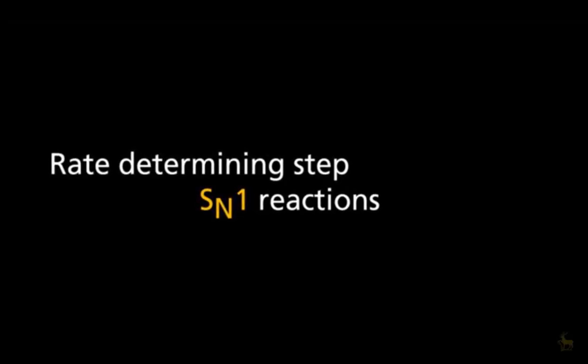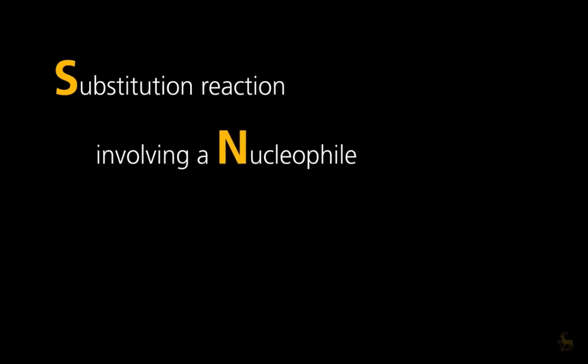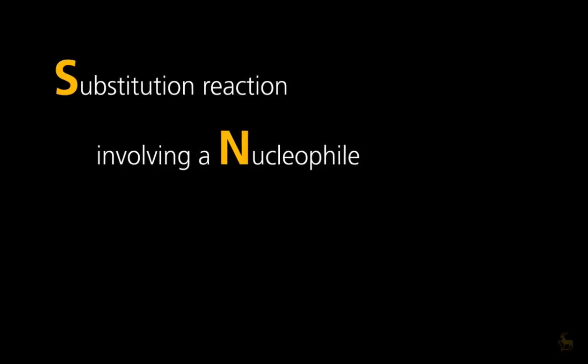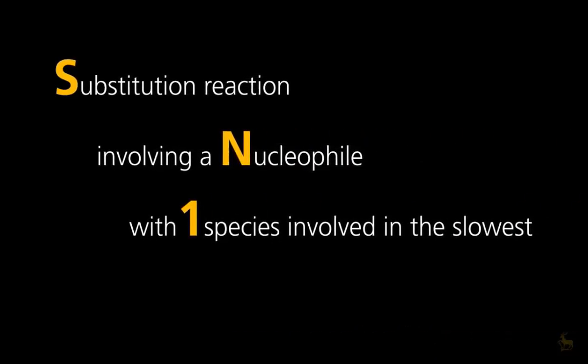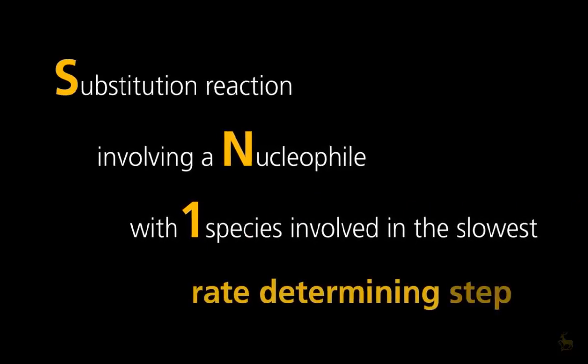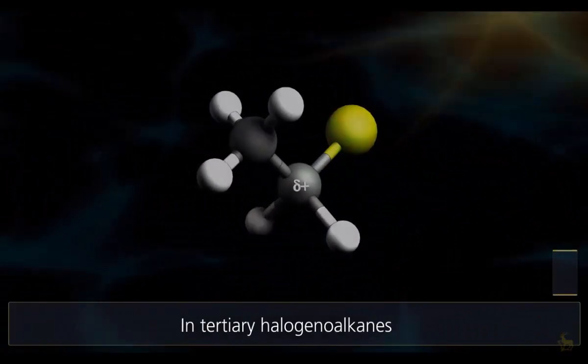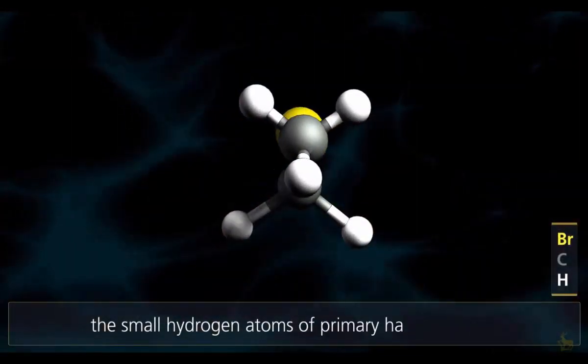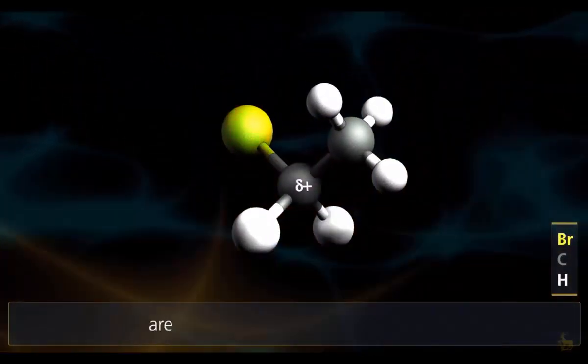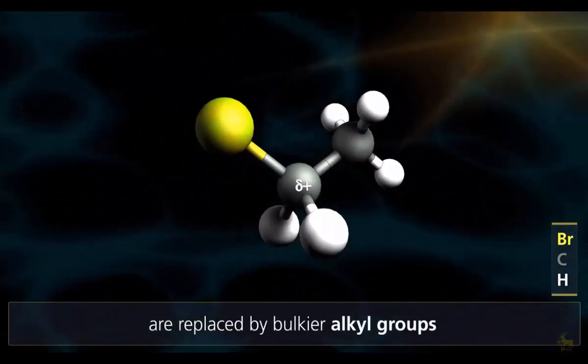Tertiary halogenoalkanes undergo Sn1 reactions, where S indicates a substitution reaction is occurring, N indicates that a nucleophile is involved, and 1 indicates that only one species is involved in the slowest rate-determining step. In tertiary halogenoalkanes, the small hydrogen atoms in primary halogenoalkanes are replaced by bulkier alkyl groups.